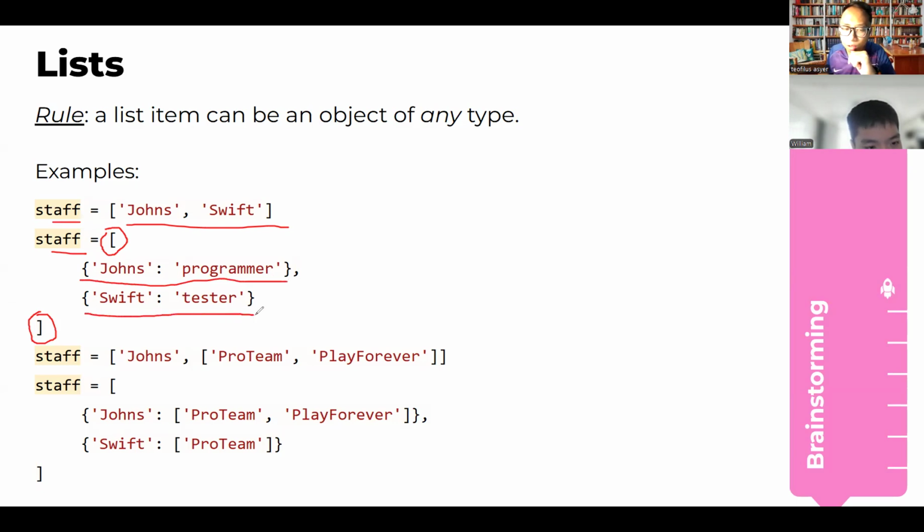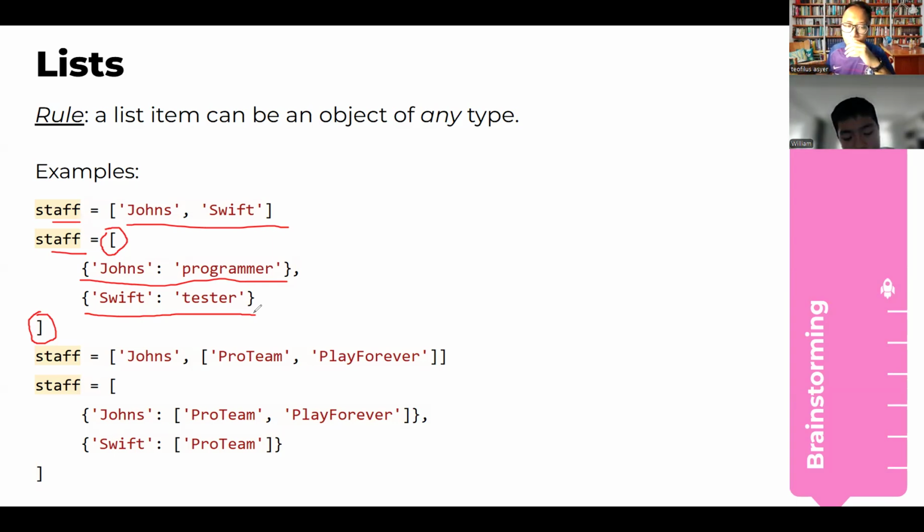A dictionary. So you can add a dictionary as an item inside a list. It's not just numbers, strings, or floats; you can use another data structure inside the data structure. You get it?